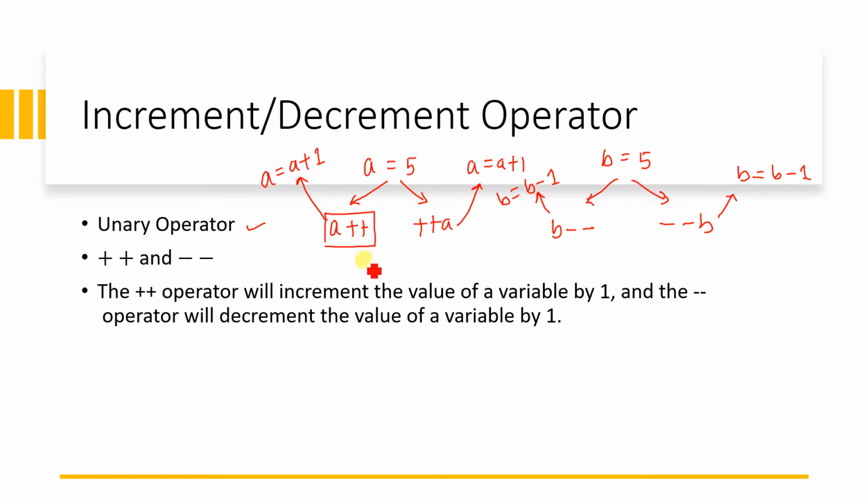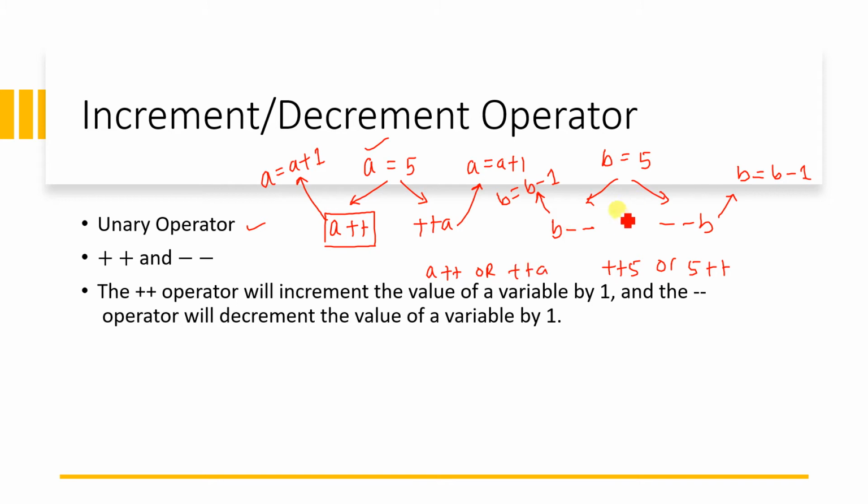So what does it mean? It means here you can see a is 5, so a is a variable here and 5 is a constant. So you can write a plus plus or plus plus a, but you cannot write plus plus 5 or 5 plus plus, because 5 is a constant and you cannot apply the plus plus operator to a constant.